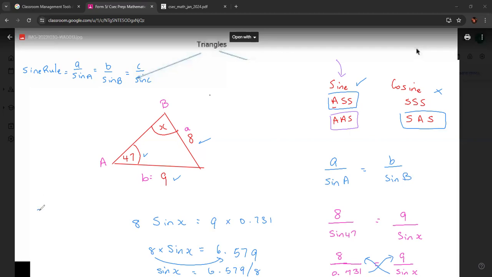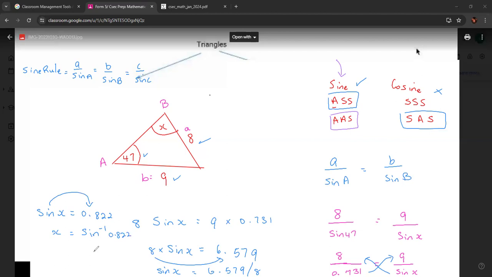And we got that sine X is equal to 0.822. But remember, we want to know what is X. So we're going to carry across the sine. Once you cross the equal sign, you do the opposite. So it becomes sine inverse of 0.822.